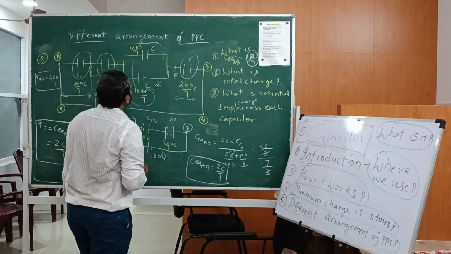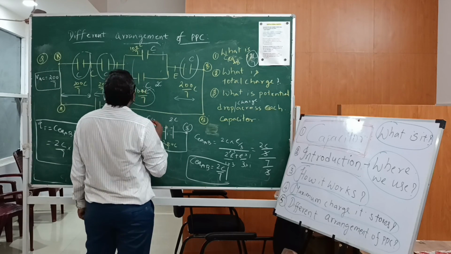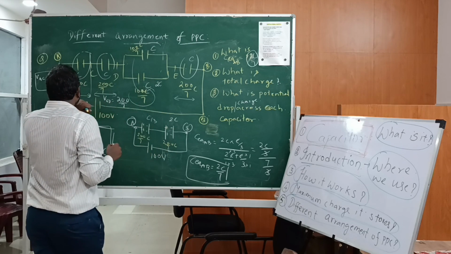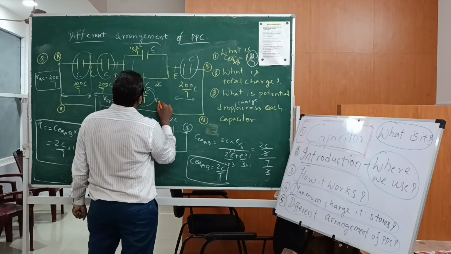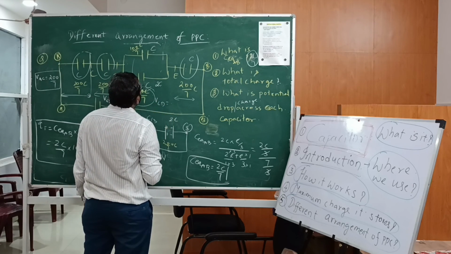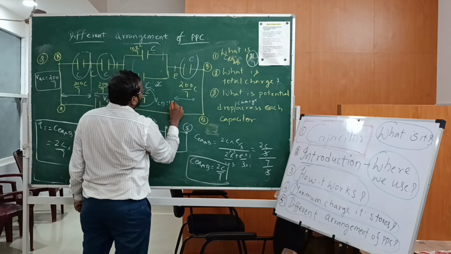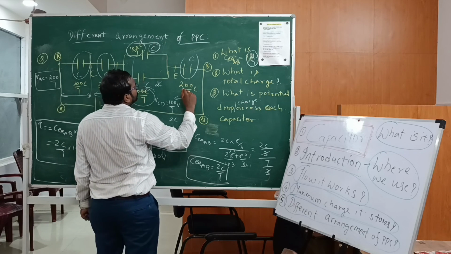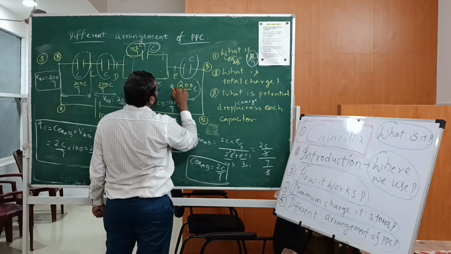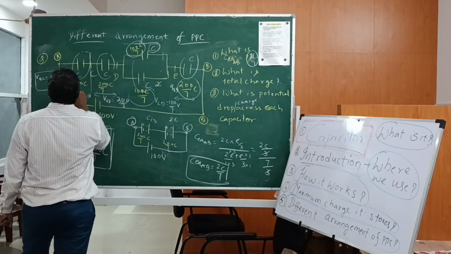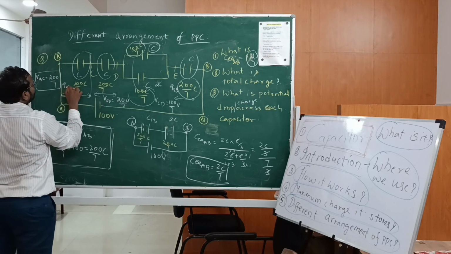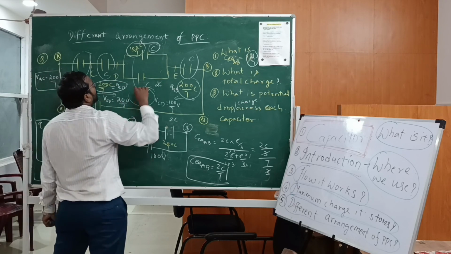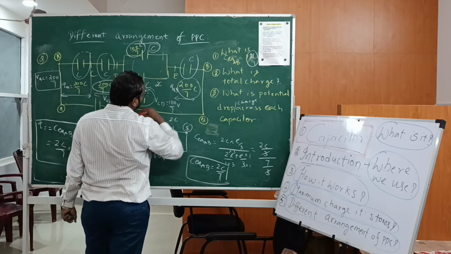The equivalent here is 2C. So VCB is Q by C, which is 100 by 7 volt. The charge on each of these capacitors remains the same.